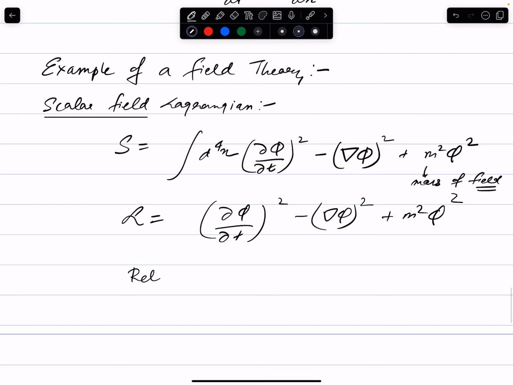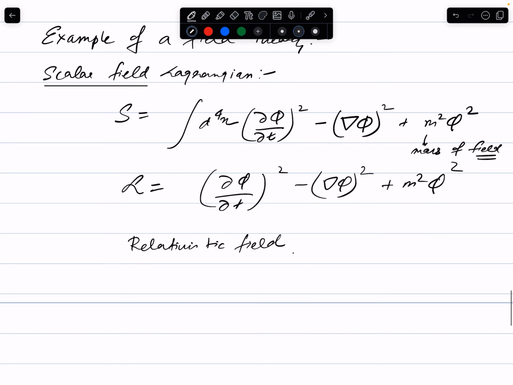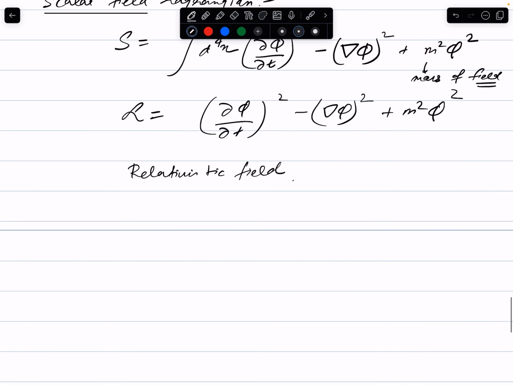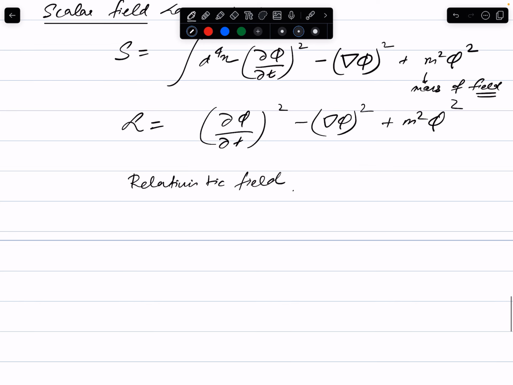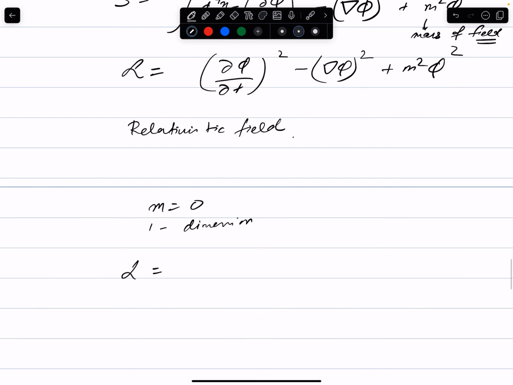This is a relativistic field, and this is the mass of the field. And let's consider the simple case where the mass is 0 and I have just one dimension, and then the Lagrangian reduces to something that you will feel familiar with, because it is exactly like the Lagrangian of the string.